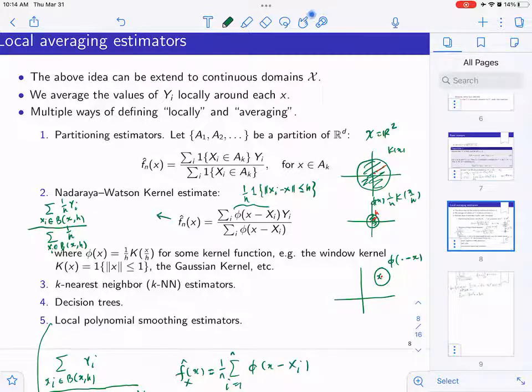There are other things that we can talk about, or you guys maybe can talk about. If you have seen the literature in machine learning and deep learning, this idea of local averaging was sort of rediscovered in the form of an attention mechanism. If you want to connect it with these ideas in your projects, it would be interesting.